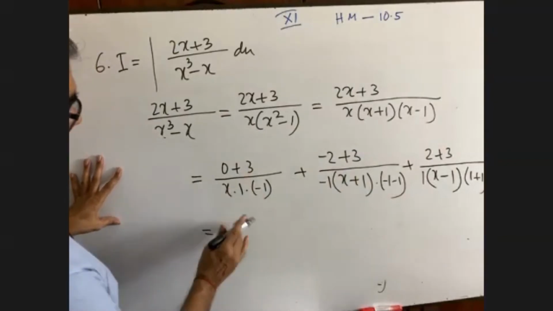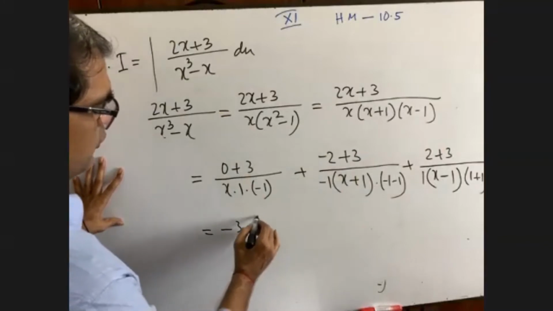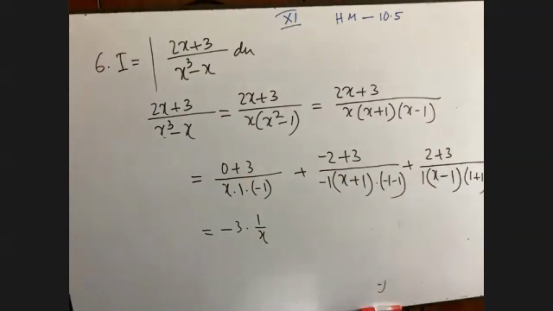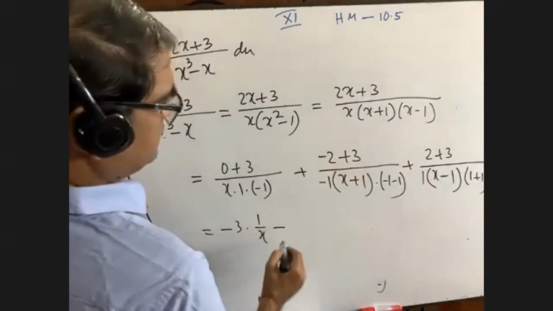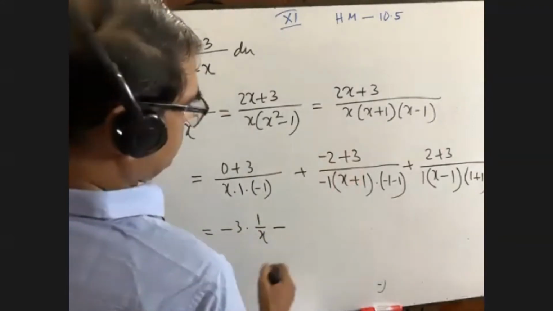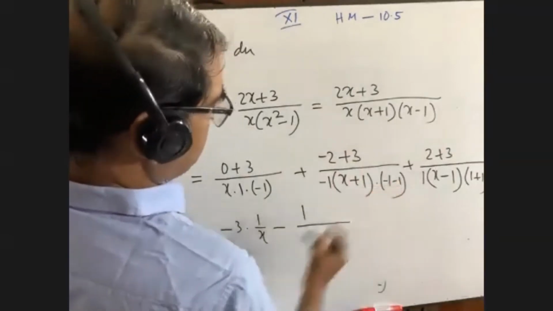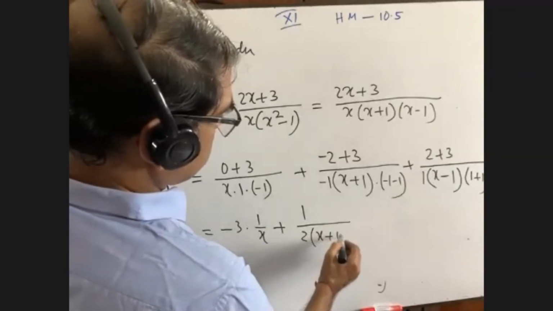So we can write here minus 3 into 1 by x. You see the way I am going to write down. Here we are getting 3 minus 2, that is 1. That is minus 1 by, it is minus 2, so it is plus 2 into x plus 1.